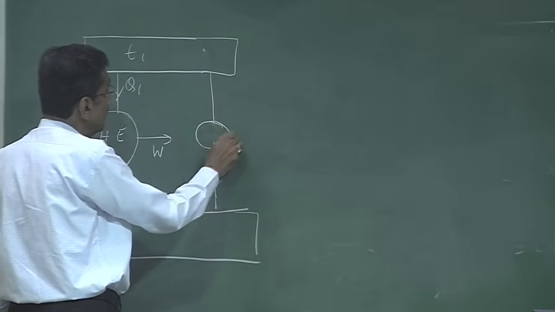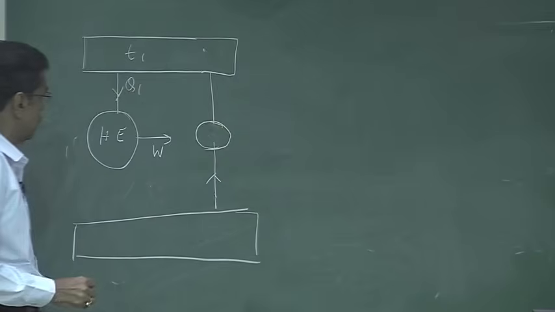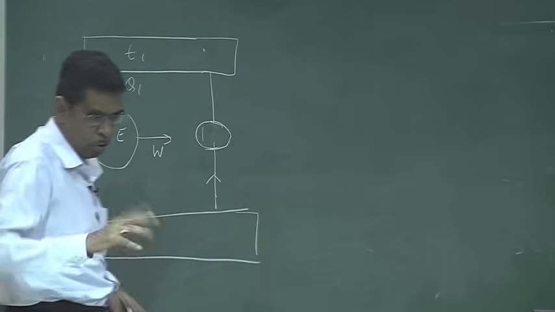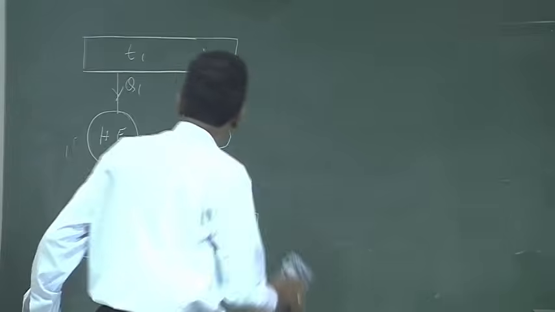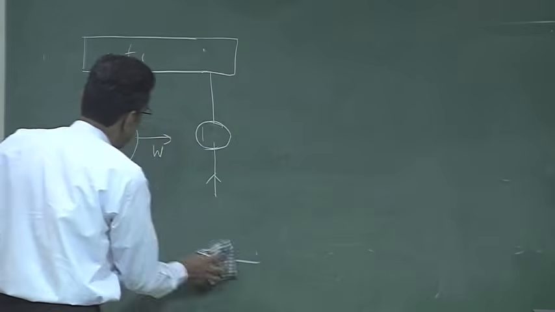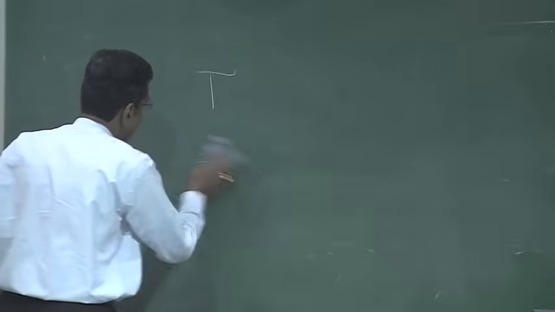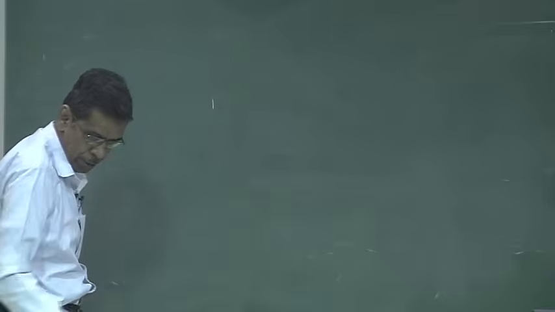Of course, before that you have to know the heat pump, otherwise it will be difficult for you. Let us go back to the definition of heat pump, then we will come back to this, because otherwise it is very difficult to understand the equivalence of the two.